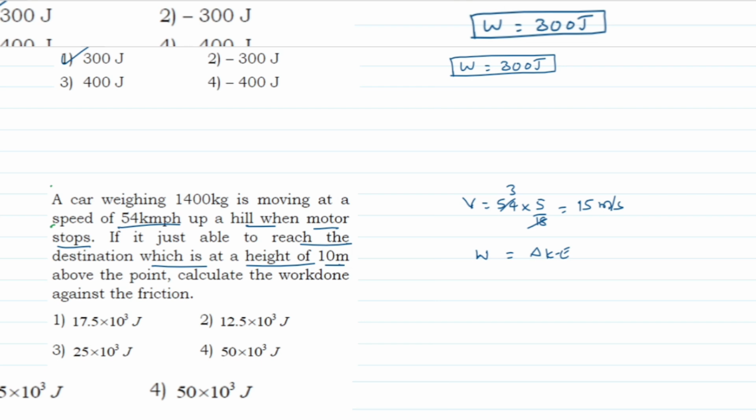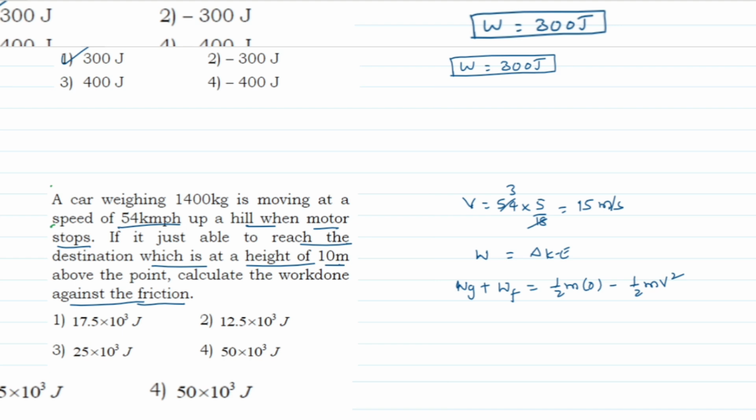Work done by all the forces: two forces are acting. One is the gravitational force and the second is the frictional force acting against the motion. This will be equal to half m v square, the final kinetic energy, which is 0, minus the initial kinetic energy, half mv square.